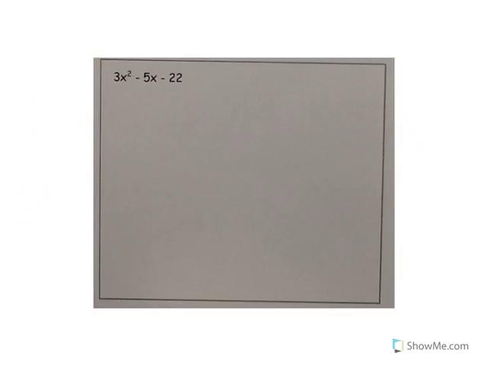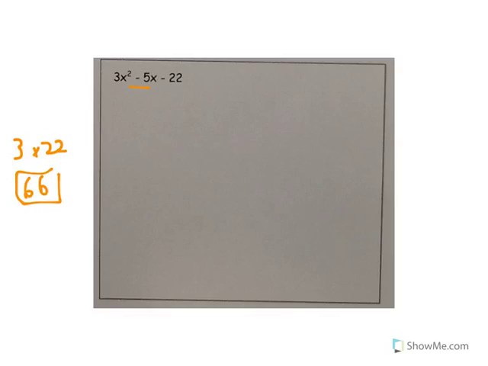Let's do another one. So in this case here, what we're going to do is multiply the two numbers. So 3 times 22 is going to give me 66. And now I have to figure out the factors of 66 that will give me a negative 5.